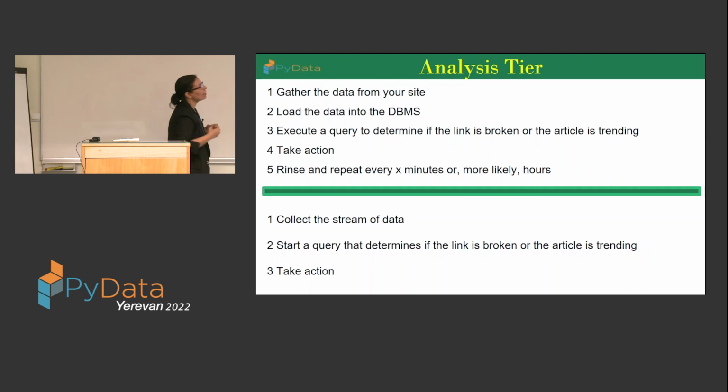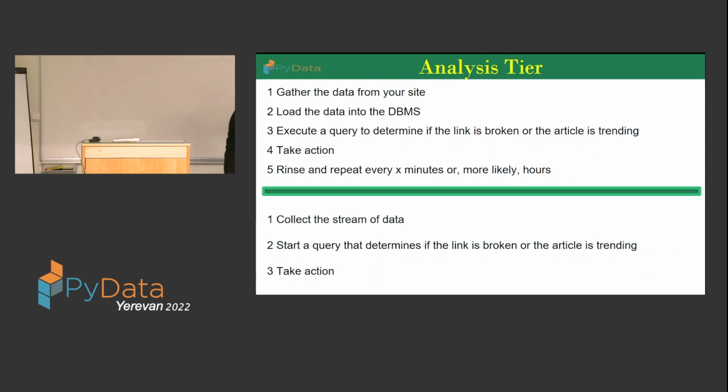For example, you want to determine which link is broken. That is what you want to find out. You gather the data from your website, for example, load the data into a DBMS as your database, and then execute a query and determine if the link is broken or an article is trending.